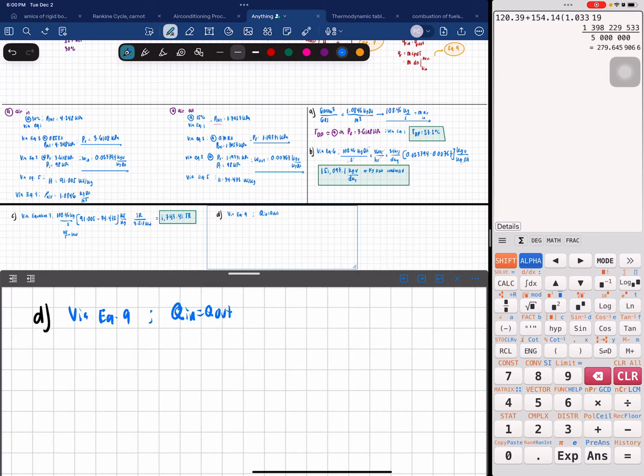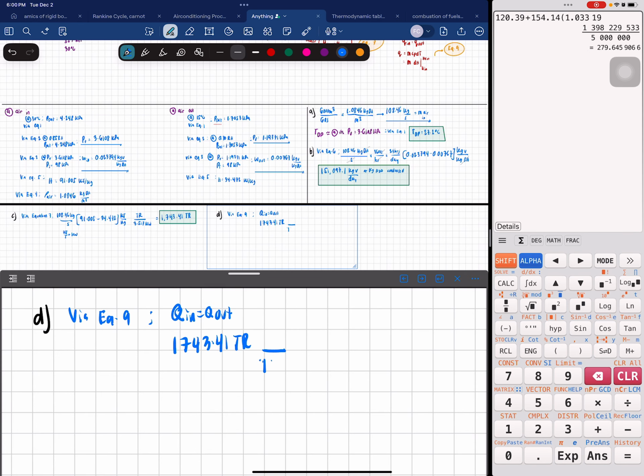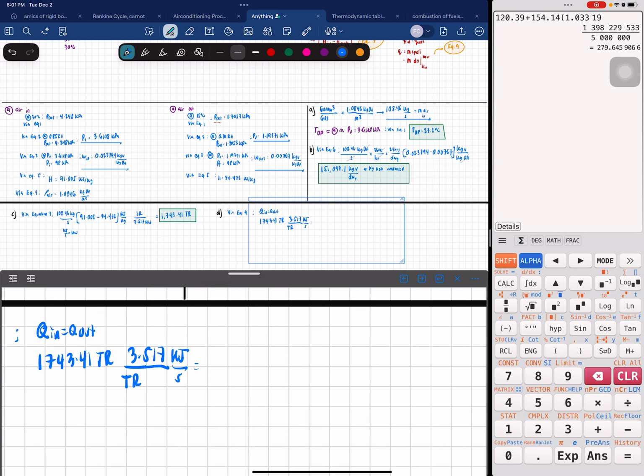Q in is 1743.41 tons of refrigeration. You have to convert it back to kilowatts. 1 ton of refrigeration is 3.517 kilojoules per second, or kilowatts.